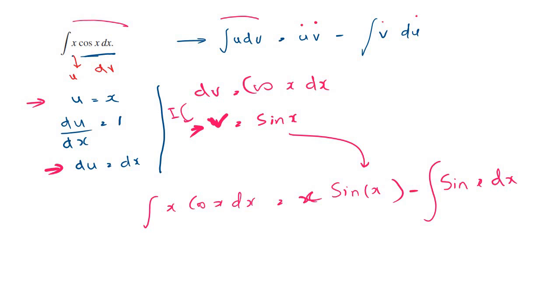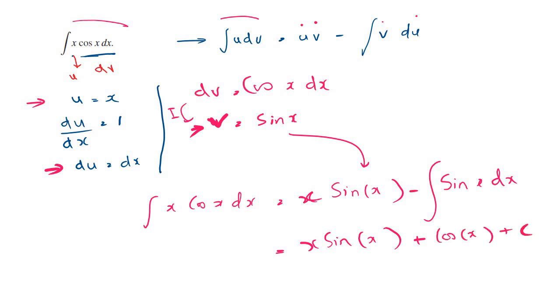Now we know how to integrate this. We have here x sin x, and the integration of sin x is minus cos x. So we have plus cos x plus c.